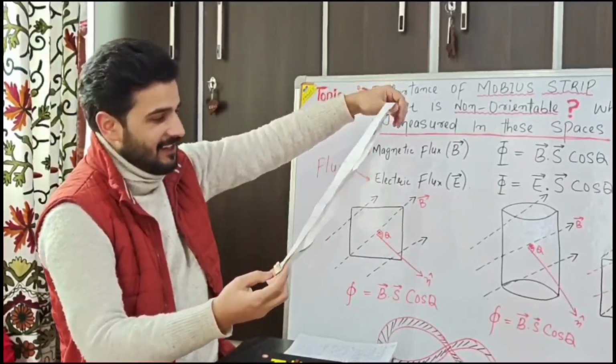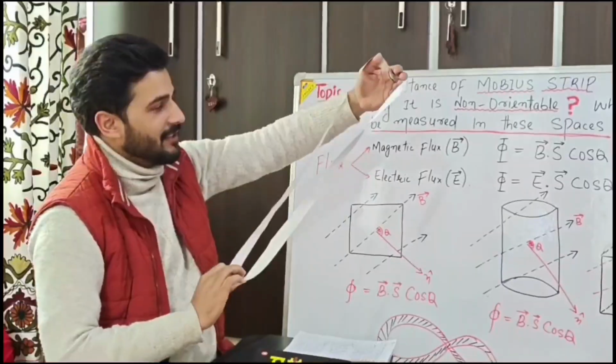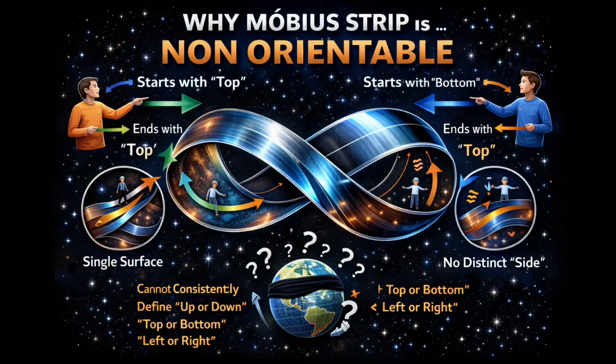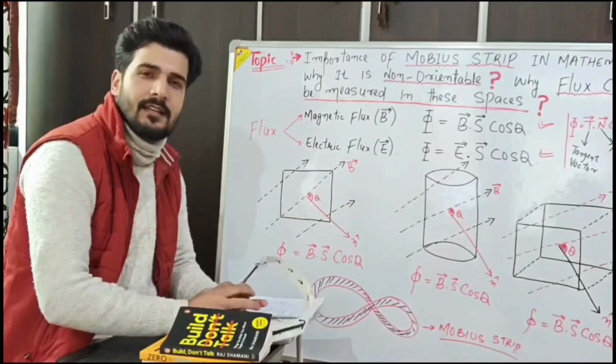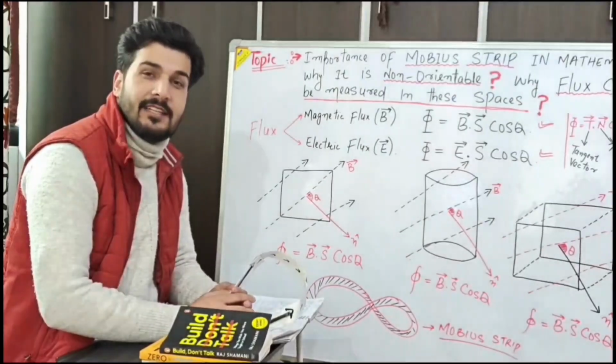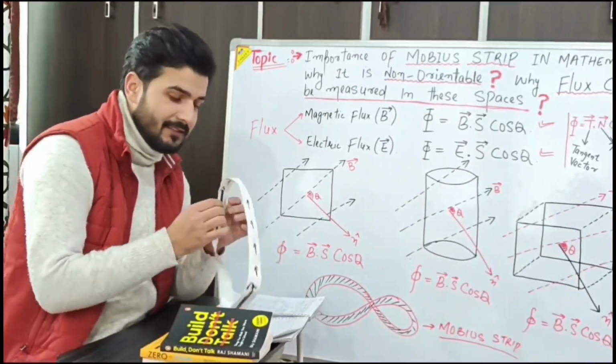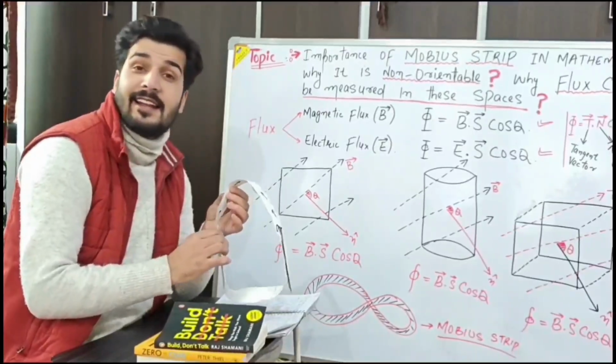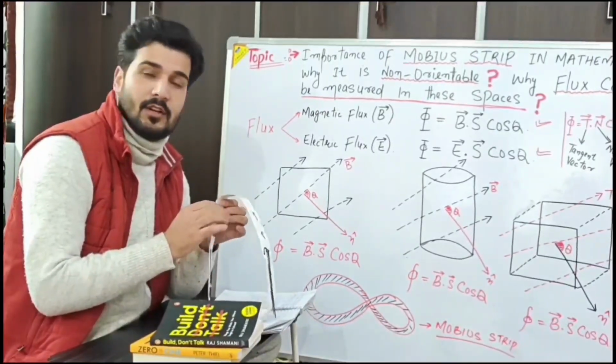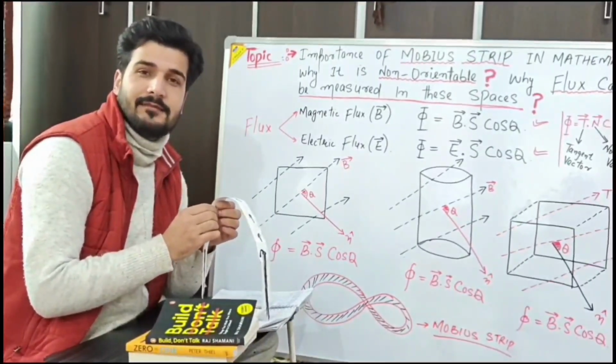We get the Möbius strip again. No matter how many times we cut the Möbius strip from the middle, we get again and again a Möbius strip, not separate ones, right?